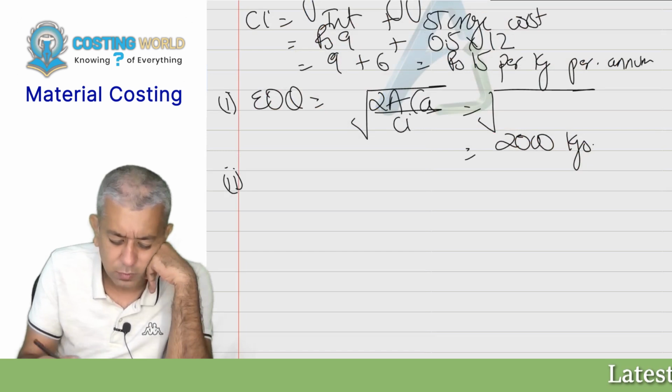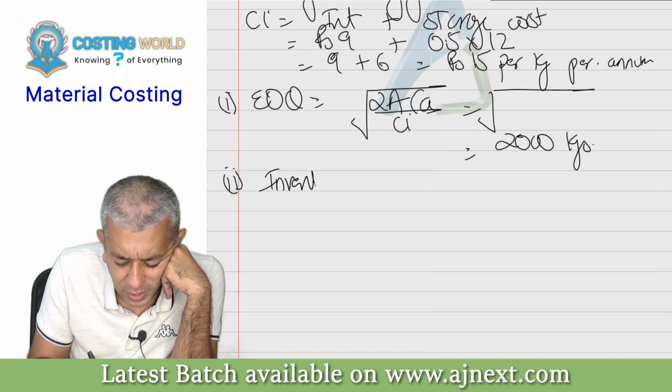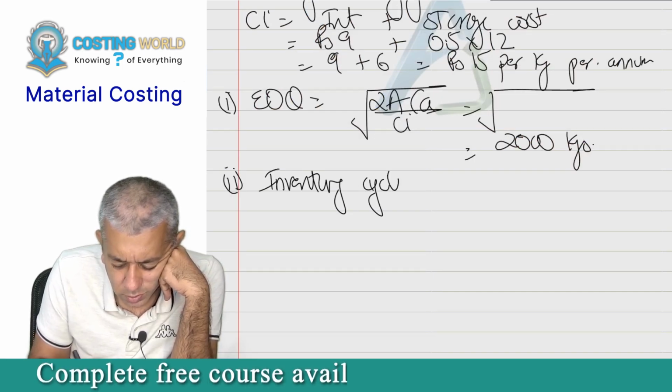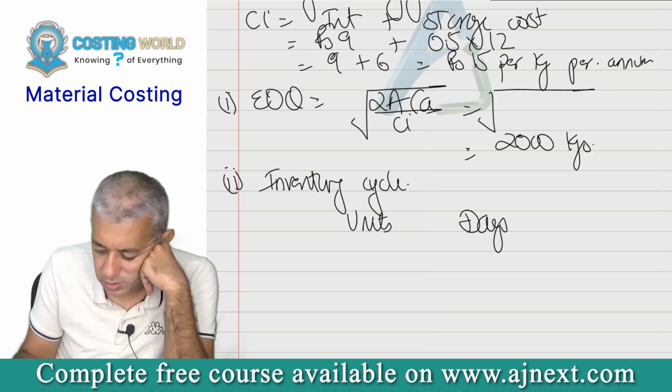Your second method was something like this. You have to be finding out something that is called the inventory cycle. So units, days.